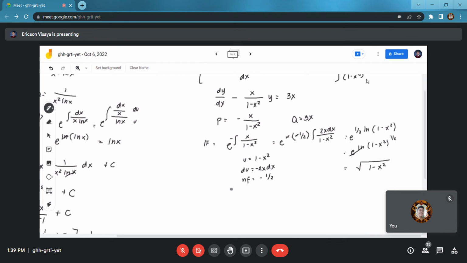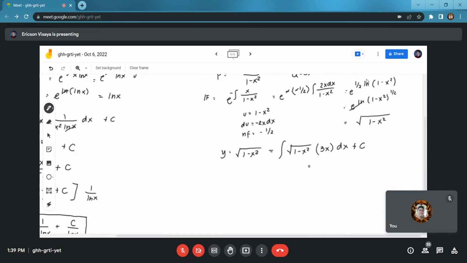Bali meron tayong dependent variable y. Y times integrating factor, square root of 1 minus x squared, is equal to the integral of integrating factor, square root of 1 minus x squared, times ang ating q, that is 3x dx plus c. Papansinin natin, ang u naman natin ngayon ay u is equal to 1 minus x squared. Then, du natin is equal to negative 2x.